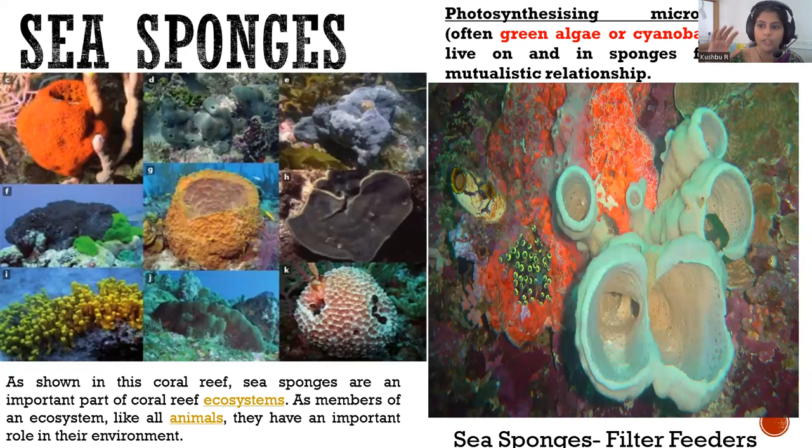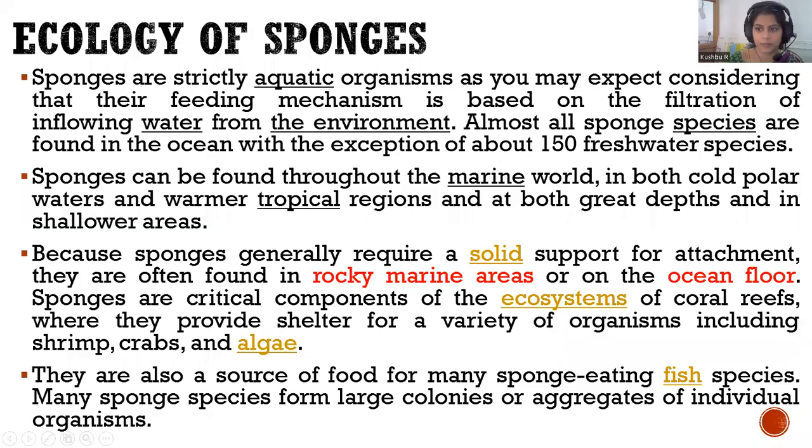The water which passes through it gets filtered. The organisms or the mineral nutrients that are there in the water are metabolized by these sponges. That is why they got this name, filter feeders.